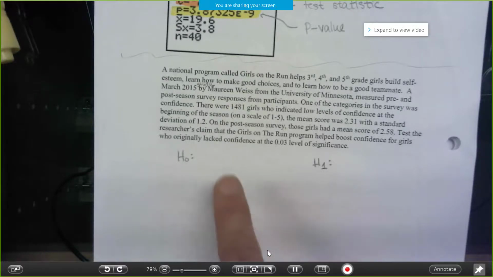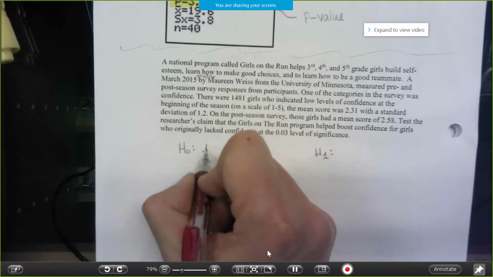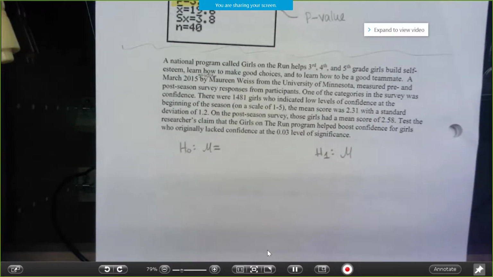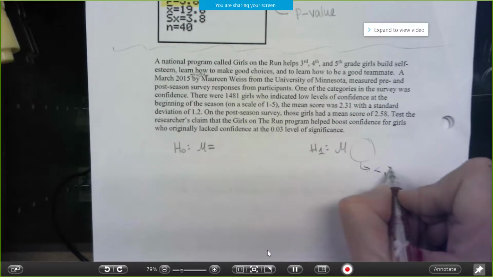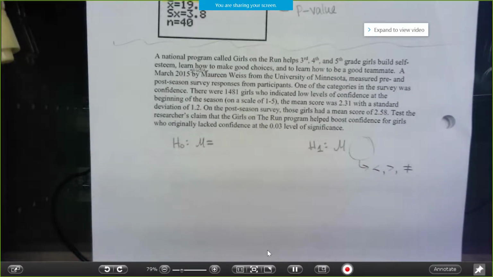Mu, because they talk about a mean score. For the null hypothesis, it's equals. For the alternative, we choose from less than, greater than, not equal. So what do you think our mu would be for the null hypothesis?